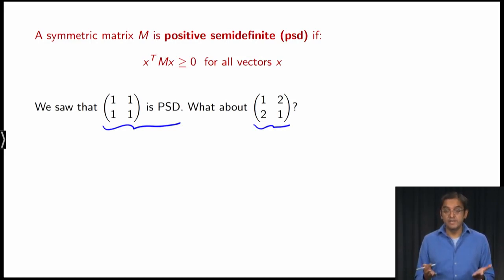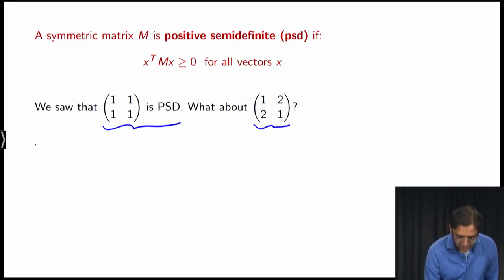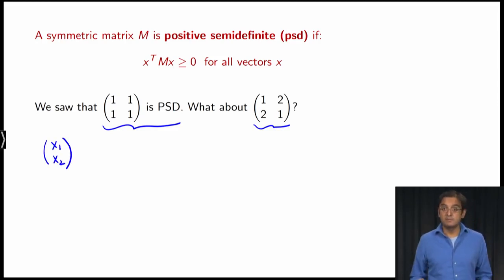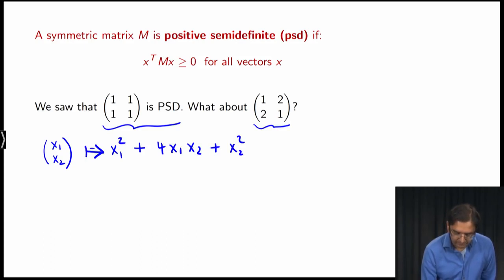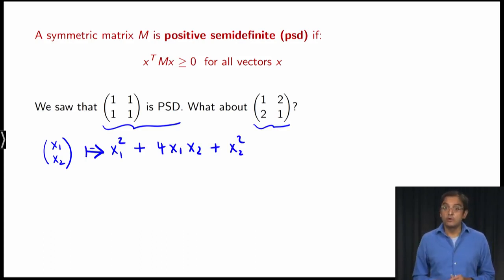Well, it's a 2 by 2 matrix, so the quadratic function is the one that sends (x1, x2) to x transpose Mx, and if we just plug into our usual expansion, it would send this to x1 squared plus 4 x1 x2 plus x2 squared. That's the quadratic function given by the matrix.